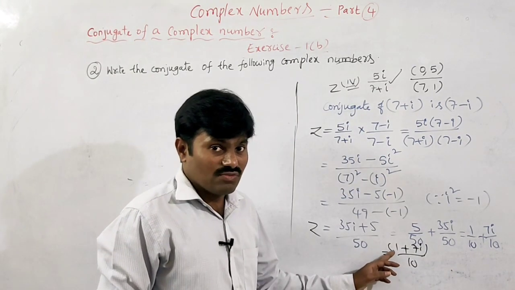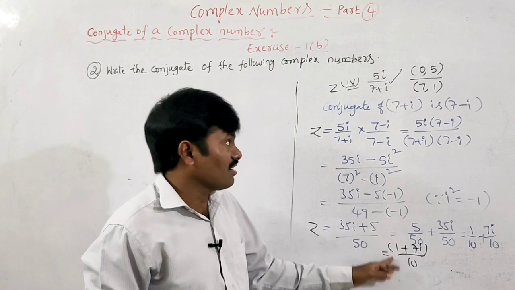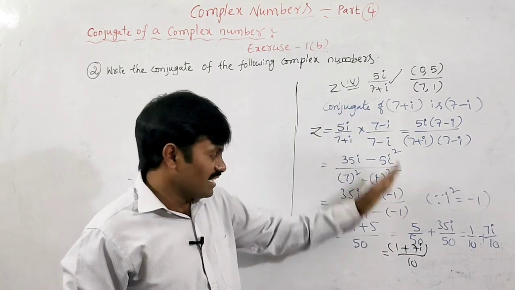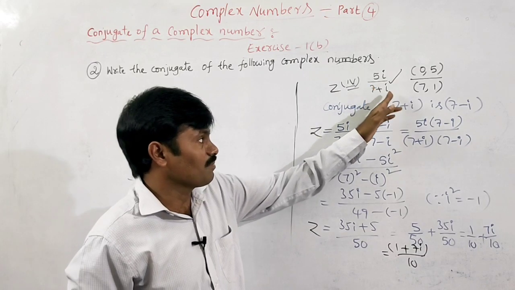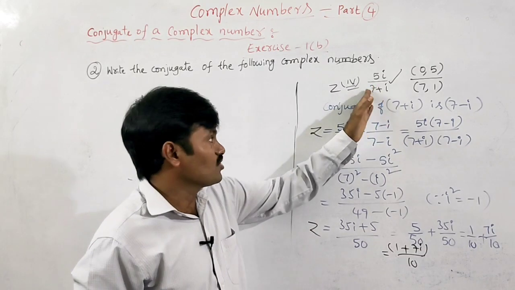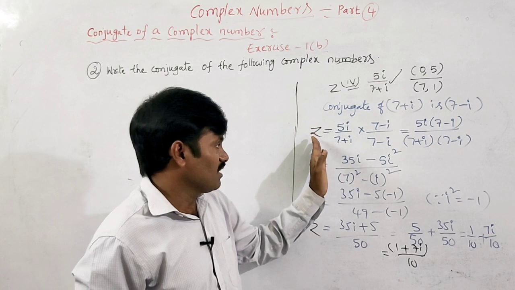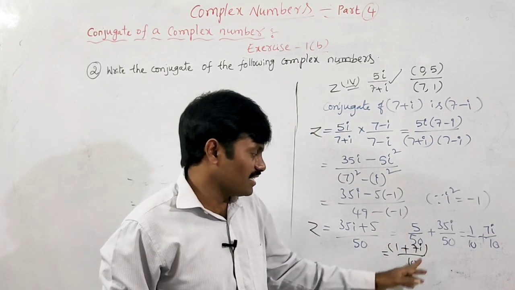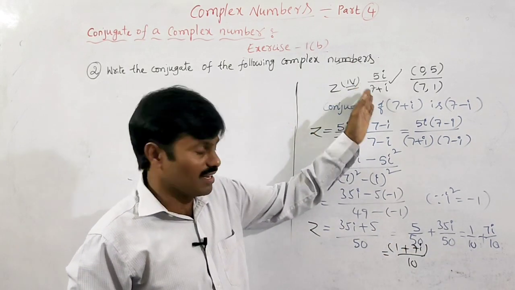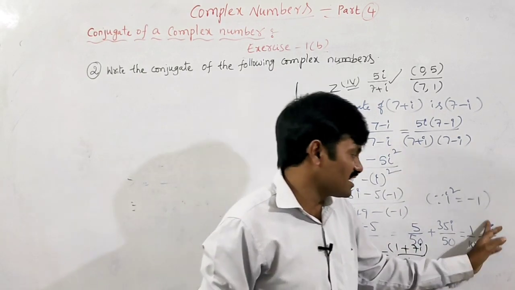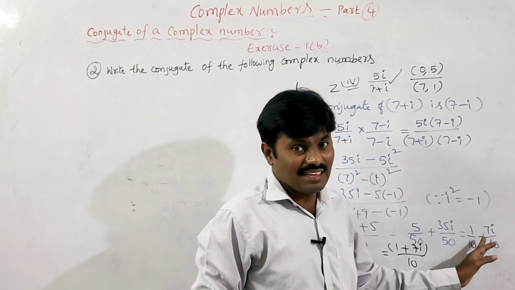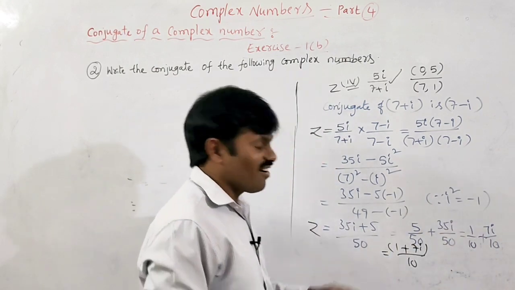Dear students, this 1 plus 7i by 10 is not its conjugate. It is the result of this 5i by 7 plus i. If you assume it is z, the value of z is 1 plus 7i by 10, which is this complex number written in the form a plus ib, where a is equal to 1 by 10 and b is equal to 7 by 10. Now we have to write its conjugate.